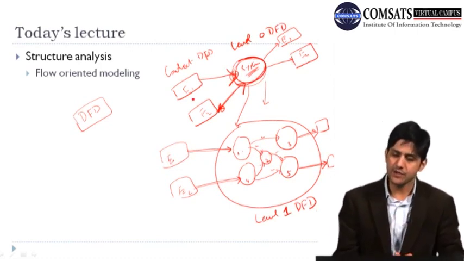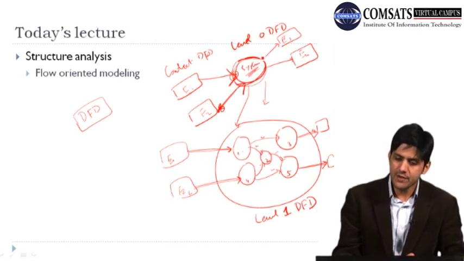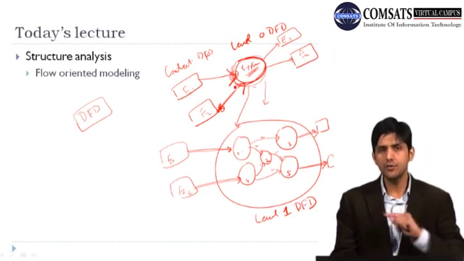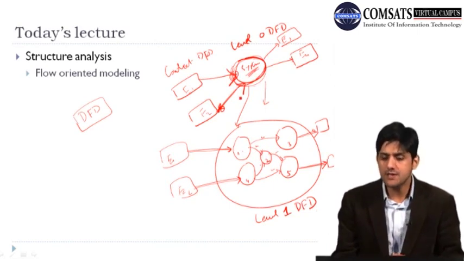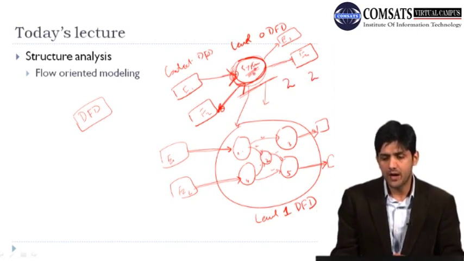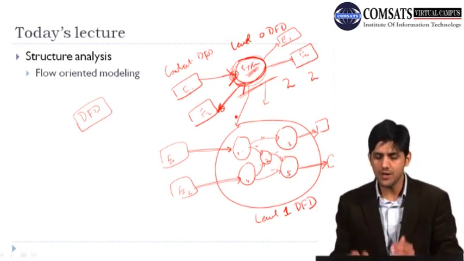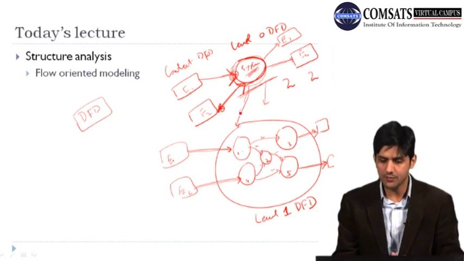For example, this was my level 0 DFD, and this was the boundary of the system. How do I check whether my DFD is balanced or not? I go to the previous level. For example, this is the process I have decomposed. I look at the inputs and the outputs from this process. So I have 2 inputs and 2 outputs. I go to the decomposition of this process, and this is how it is decomposed, and this is the boundary.